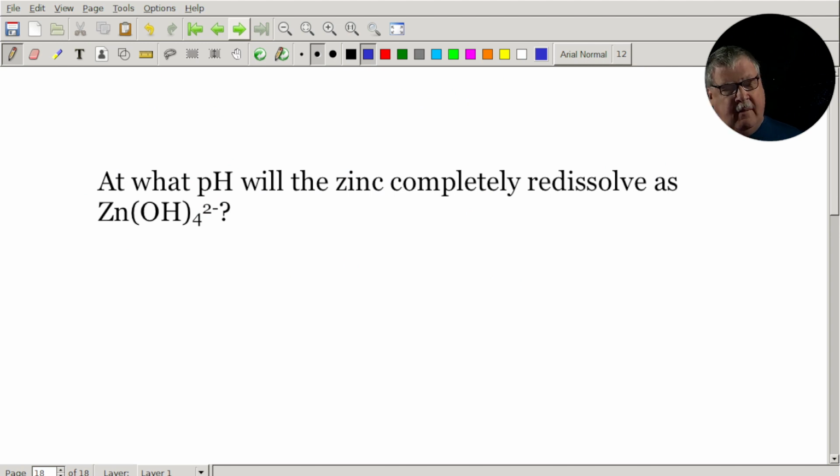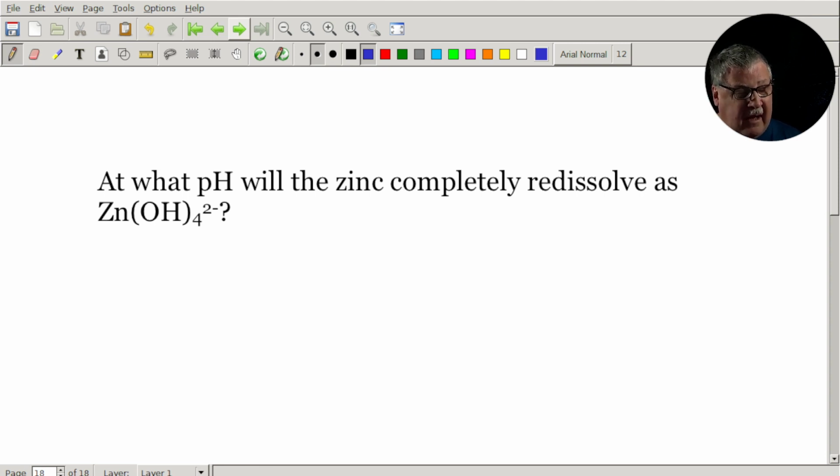Now we could figure that out. At what pH will the zinc ion completely redissolve as the complex tetrahydroxozincate? That would be the name of it. Again, that's not something I expect you to memorize.